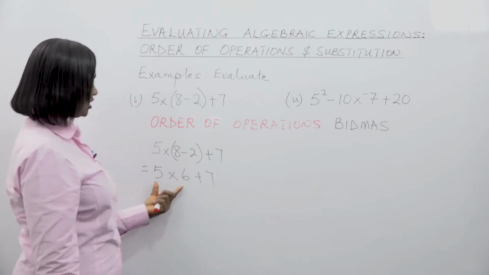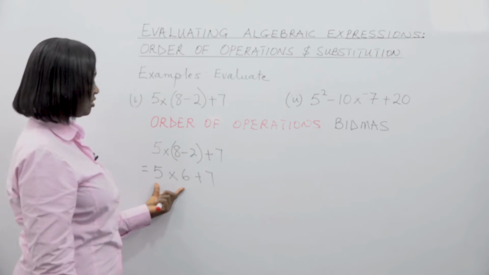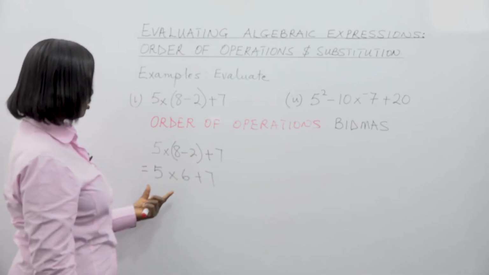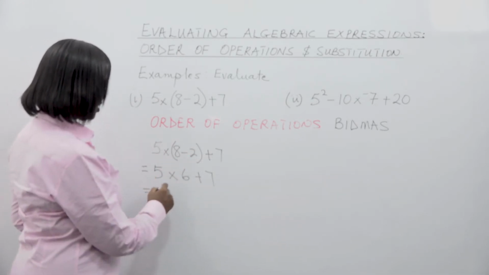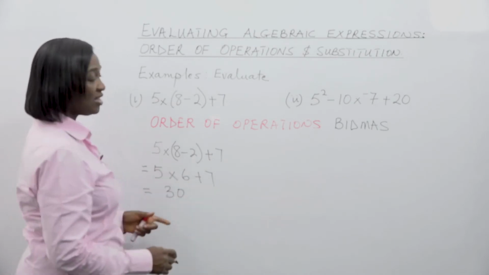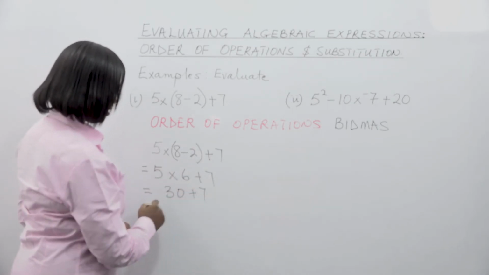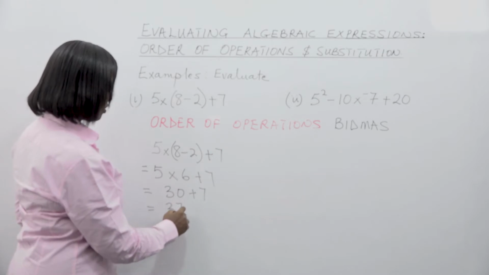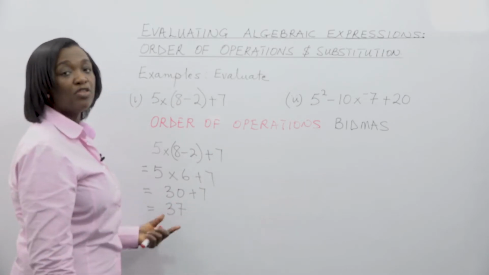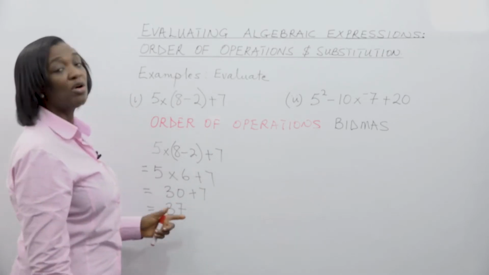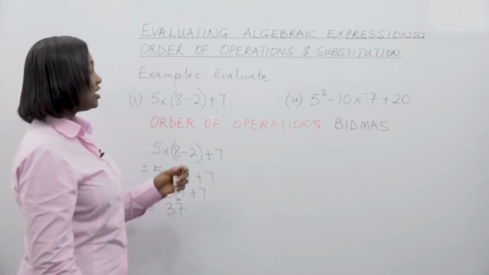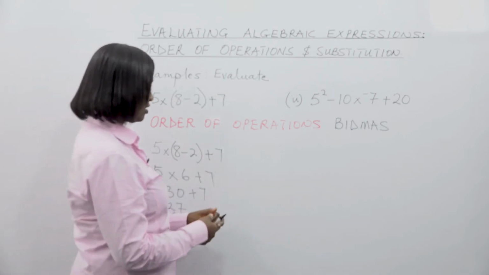So the next is multiplication before addition. So 5 times 6 is 30. 30 plus 7 is equal to 37. If you do this sum in a different order, your answer will be wrong. Let's look at the second one.